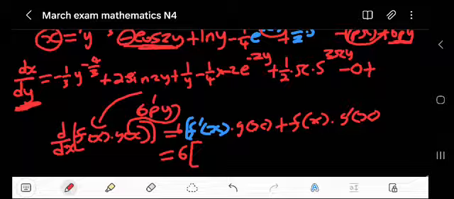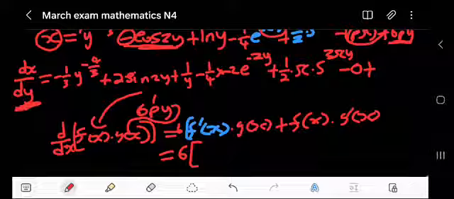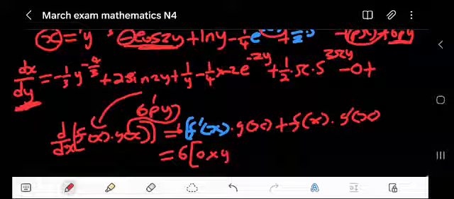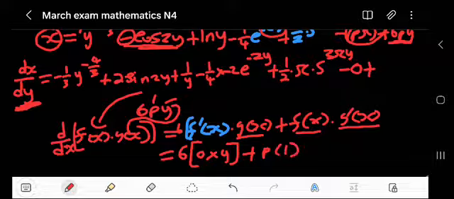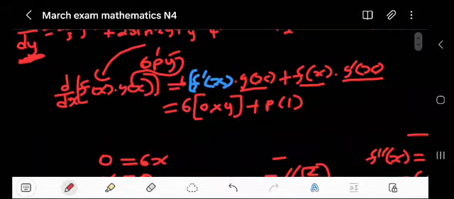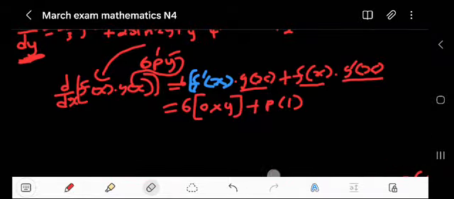With respect to that, this will be 0 multiplied by y, plus f of x, which is pi, multiplied by the derivative of g, which is y, will simply be 1. So we have 6 all over like that.